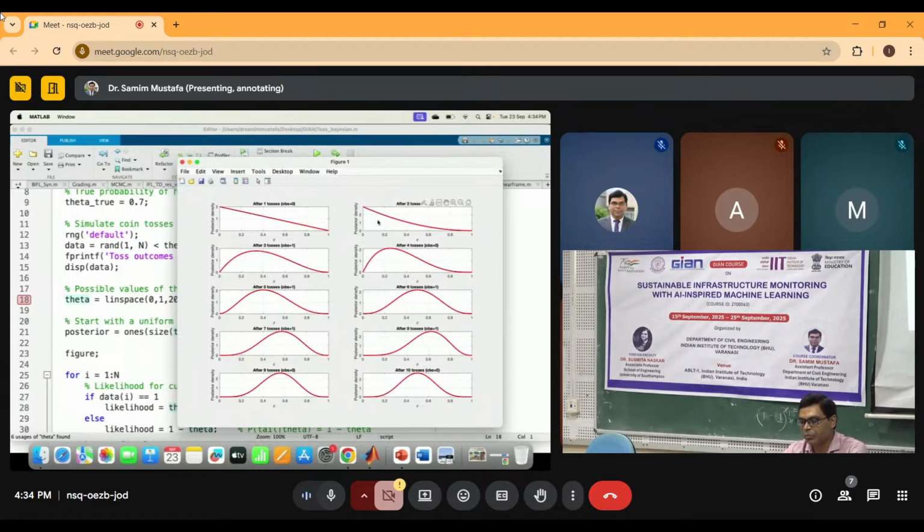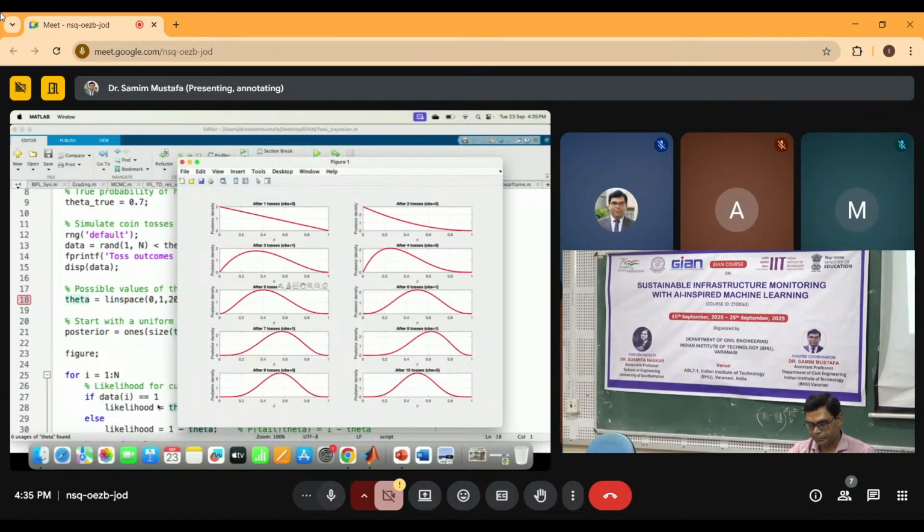Then as you proceed with your tossing, in the second toss also you got tail, so your initial understanding did not change much. It has slightly changed, but still not much. Then in the third event, when you got the head, it changed by a large amount.